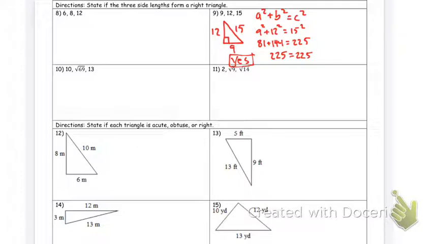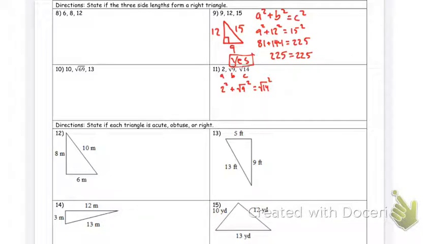All right, real quick on number 11, the square root of 14 would be your C value. So this is your A, B, and C, because square root of 14 is actually the longest side of all these. So we'll go 2 squared plus square root of 9 squared equals square root of 14 squared.